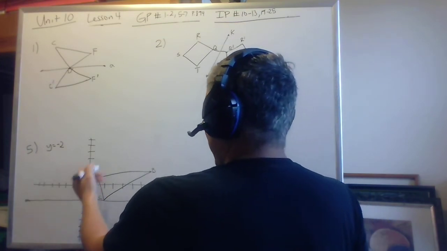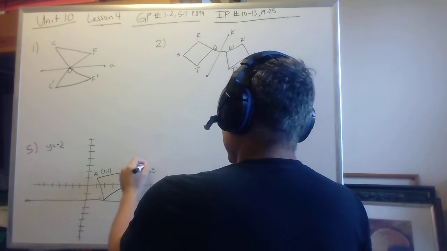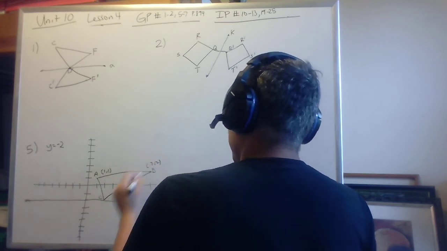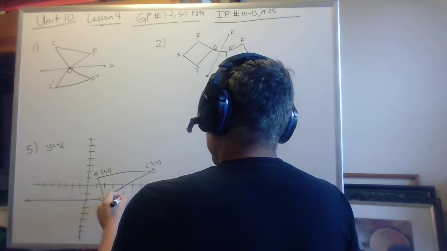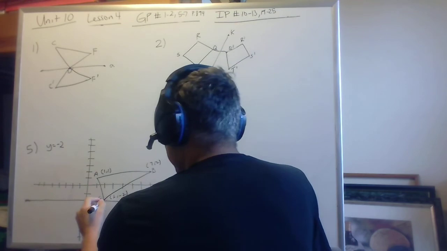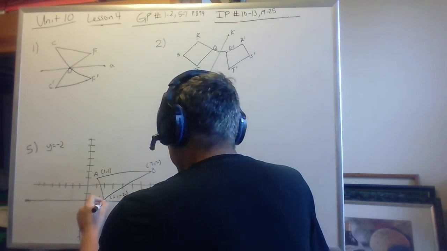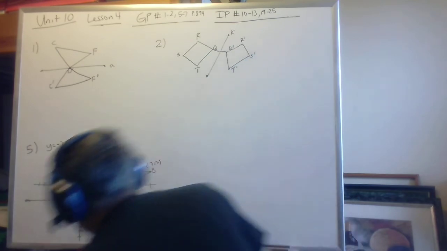So A is at 1, 1, B is at 7, 2, and C is at 2, -2. So when we reflect it over y equals -2, since C is on the line of reflection, C prime is going to be at the same location at 2, -2.